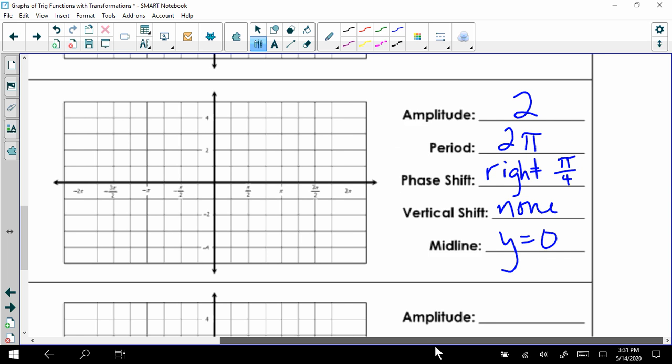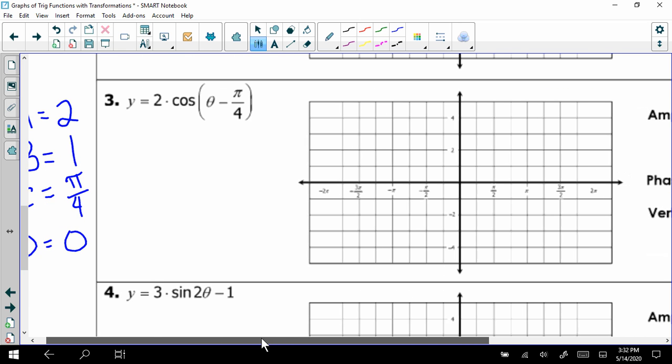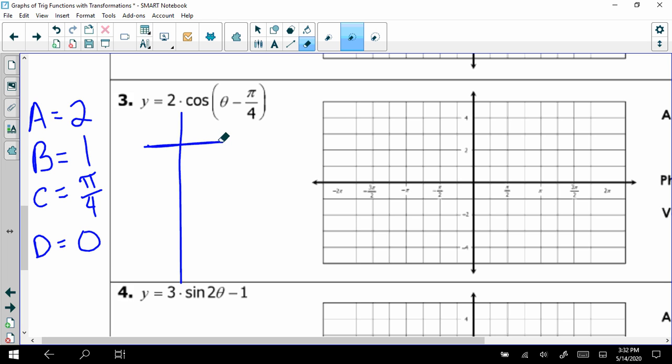Okay. Now I'm not going to do this one all the way through. I'm just going to help you get it set up and started. And then I'm going to let you try this one on your own. So my normal cosine, let me do that again so I have more room.